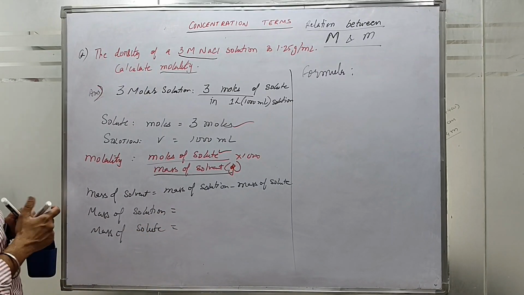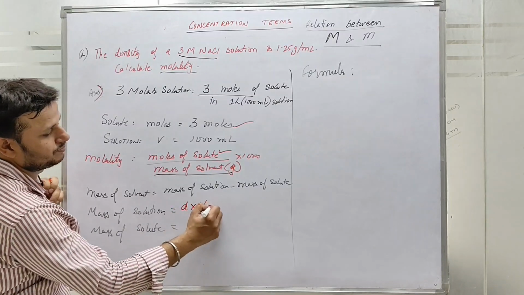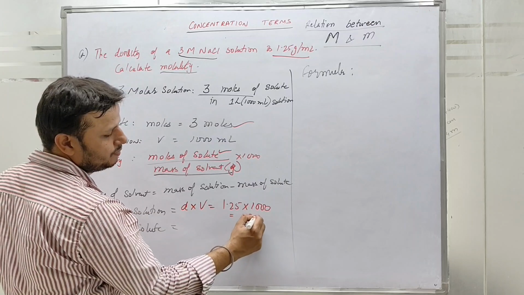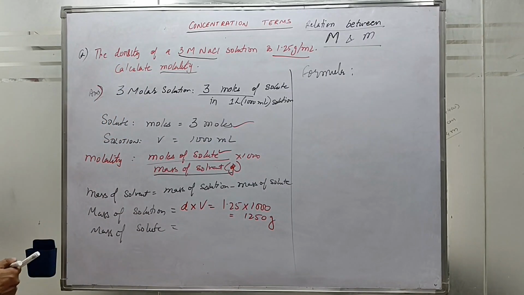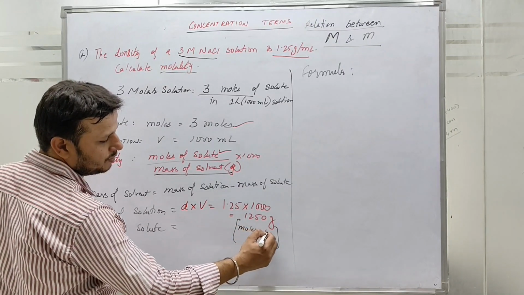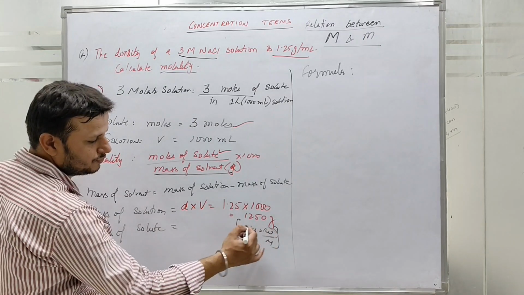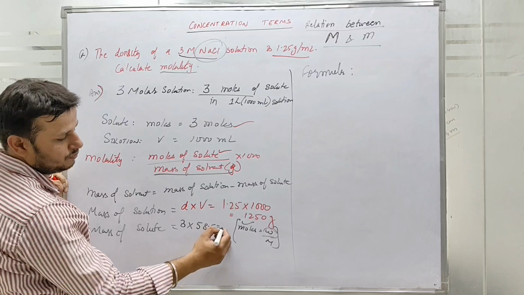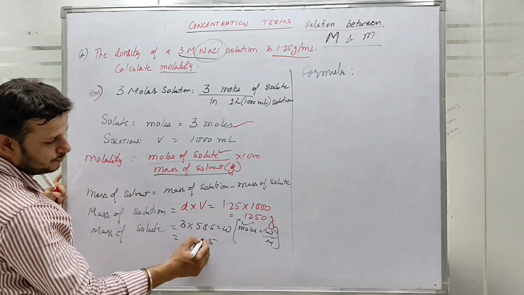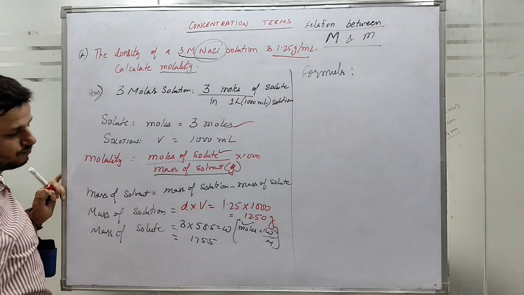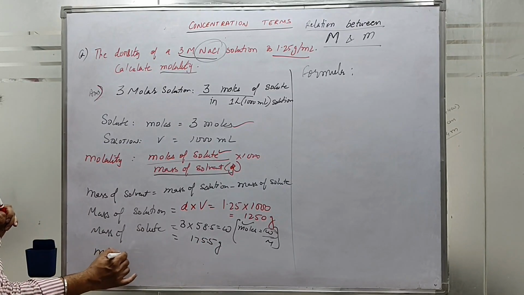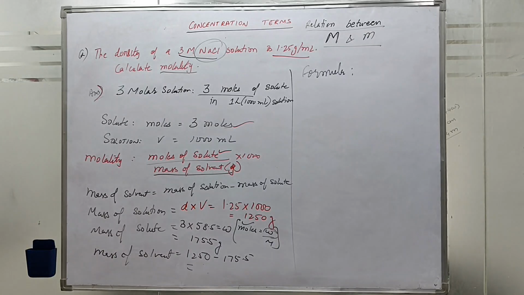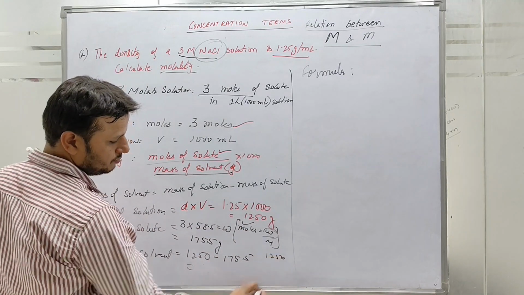Mass of solution we will find as density into volume. That is why density is given in the question, 1.25, and volume of solution is 1000. So that becomes 1250 gram. And for mass of solute we will use moles is equal to given mass by molar mass. So we have moles 3 and molar mass of NaCl 58.5. So that will become mass of solute 175.5 gram. So from here we will get mass of solvent as 1250 minus 175.5.